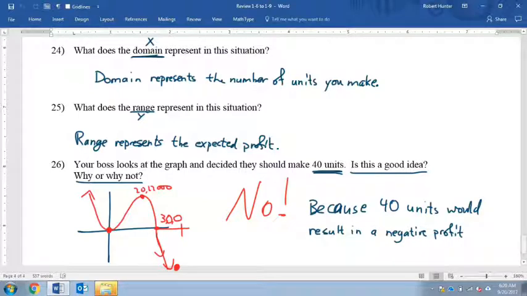Which you don't have to say negative profit, but basically the idea is it's resulting in losing money. That's a bad business decision. If that's your business model, is to lose money, it's time that you quit and go find a different business. All right, there you go.